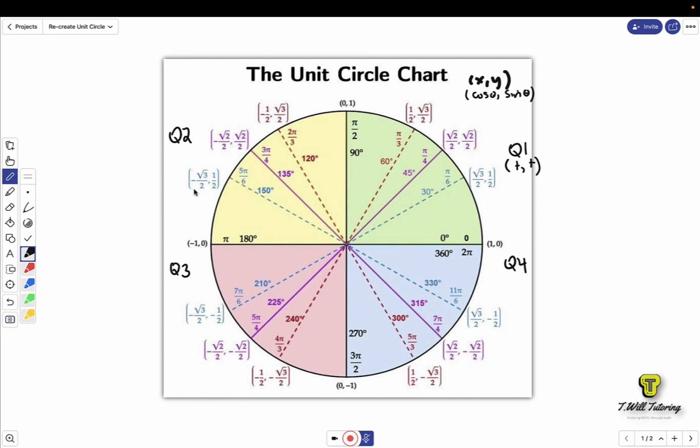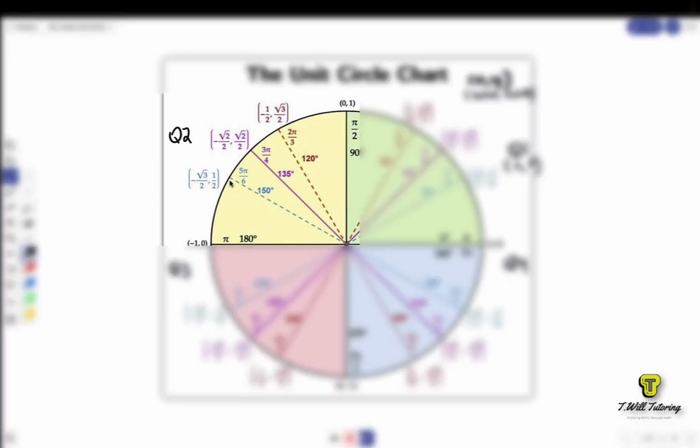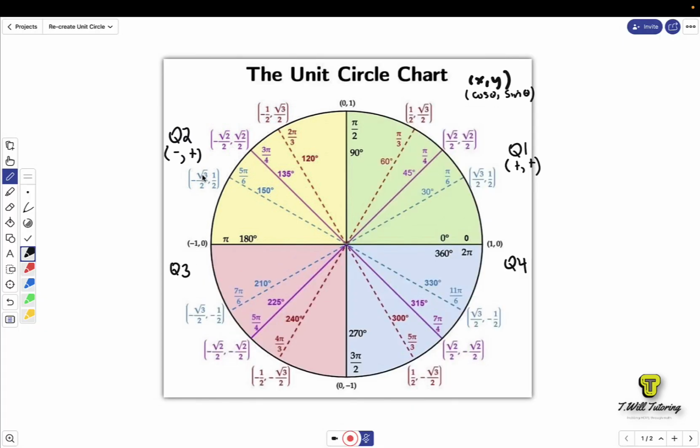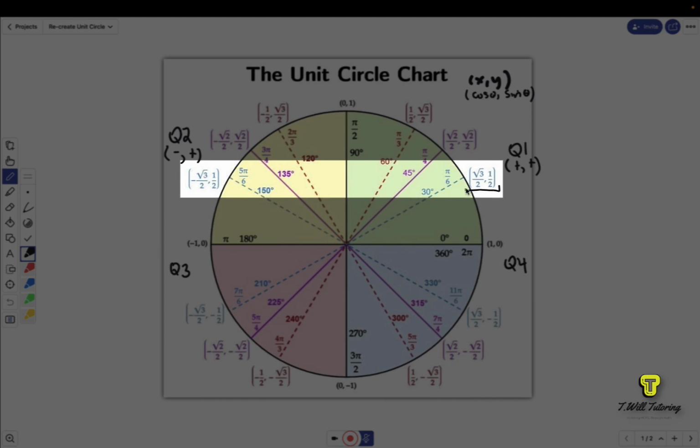But if you notice in quadrant 2, same values are repeating themselves. However, our cosine, or our x, is negative, but our y value is positive, right? So you see, the corresponding angle to pi over 6 would be 5 pi over 6. They have the same values, except our x in quadrant 2 is negative.